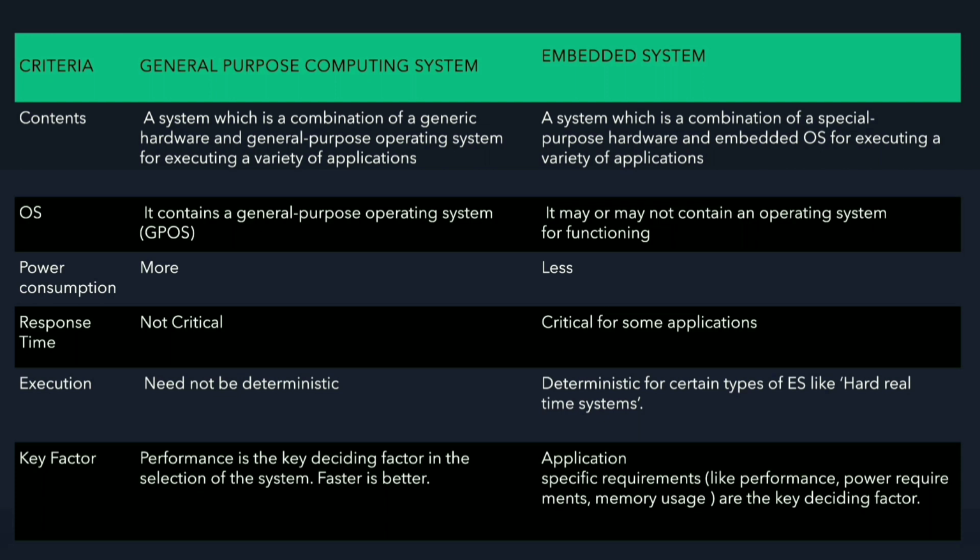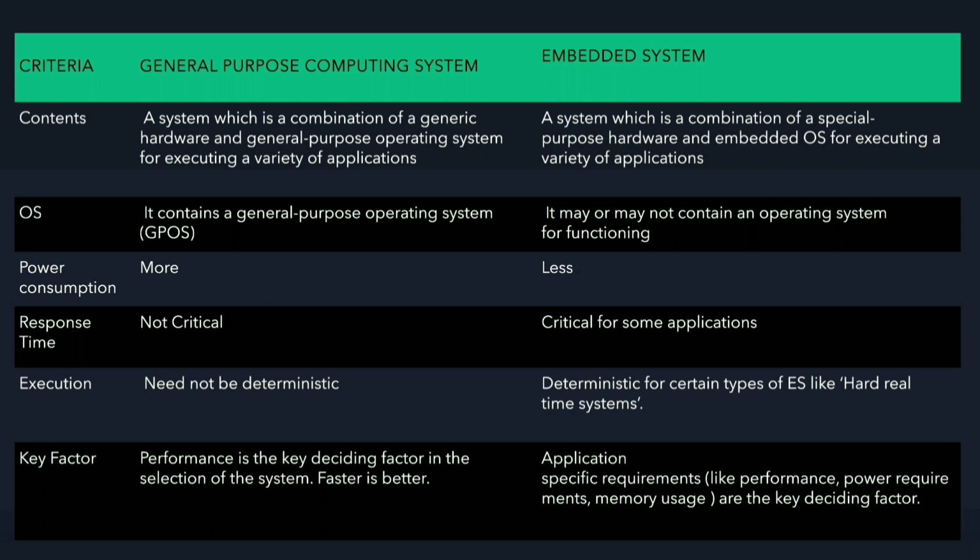A system which is a combination of specific purpose hardware and embedded OS for executing specific applications is called an embedded system. Based on the operating system criteria, the general purpose computing system contains a general purpose operating system or simply GPOS. An embedded system may or may not contain an operating system for functioning.